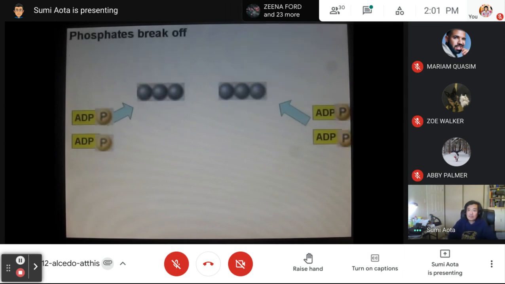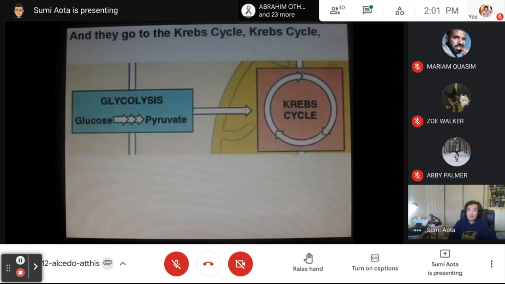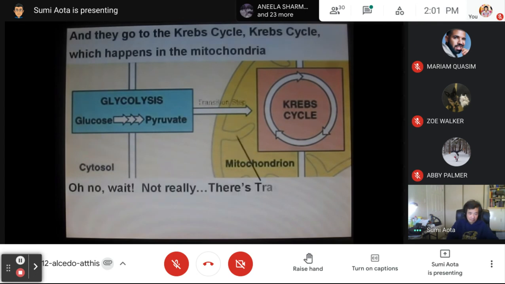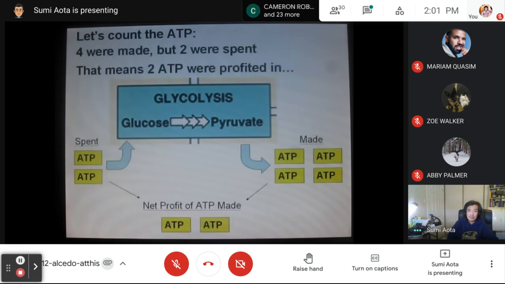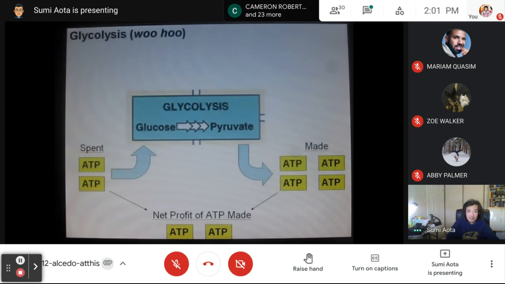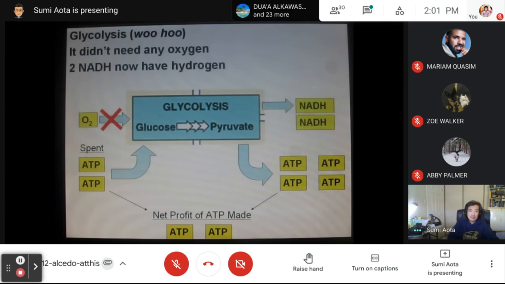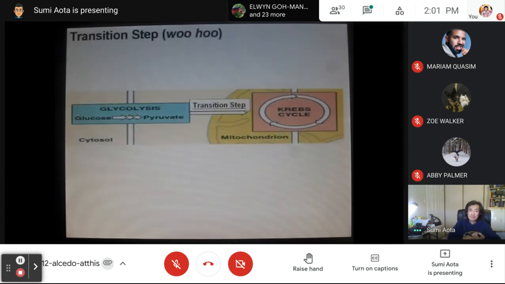Phosphates break off, ATP made. Left with pyruvate, there's 2 of them, and they go to the Krebs cycle, which happens in the mitochondria. Oh no, wait, not really, there's a transition step, let's count the ATP. 4 were made, but 2 were spent, that means 2 ATP were profited in glycolysis. It didn't need any oxygen. NADH now has hydrogen, and 2 pyruvate molecules were made in the end. Transition step.